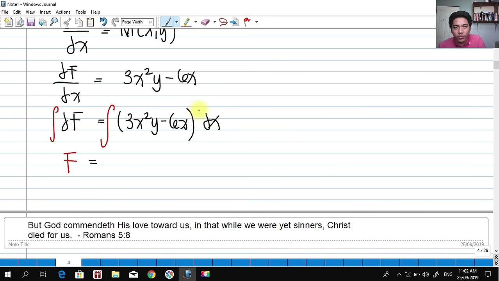So, partial of x. By properties of integral, we can distribute the integral sign on this because this is a difference, and also the presence of dx. So, we have 3x squared y dx, or partial of x is still okay, minus the integral of 6x partial of x, or simply dx.